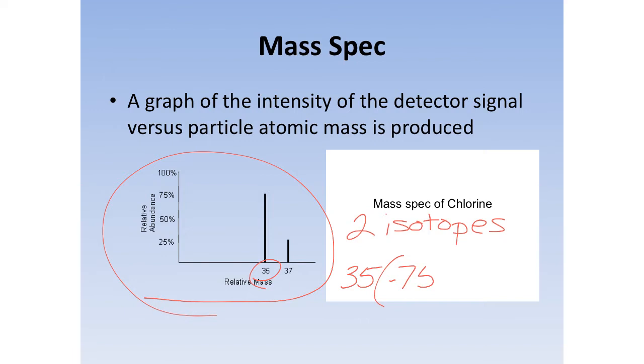So if we were figuring out the weighted average atomic mass, we would do 35 times 0.75. Then the isotope 37, that one's about 25% abundant. So we would do the math and get the average atomic mass, which would come out to be just about 35 and a half for chlorine.